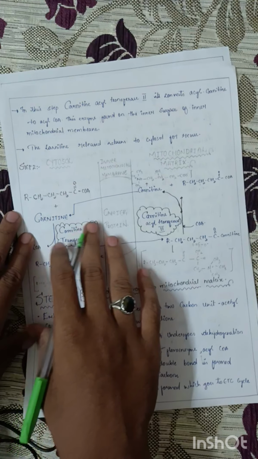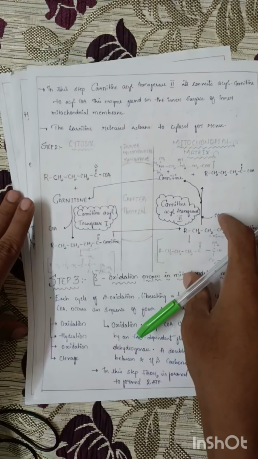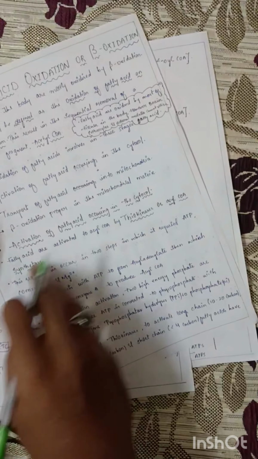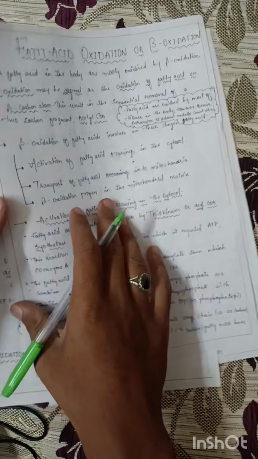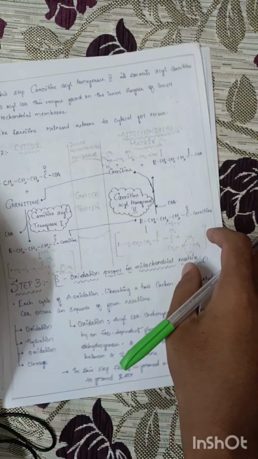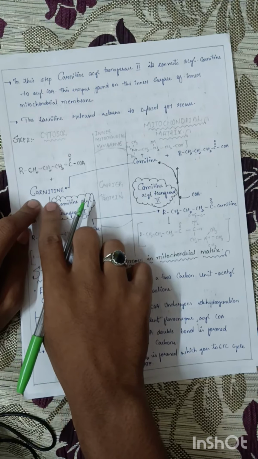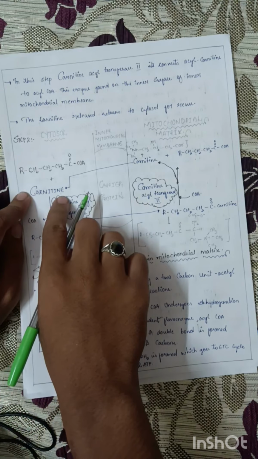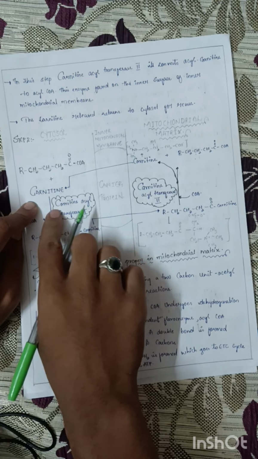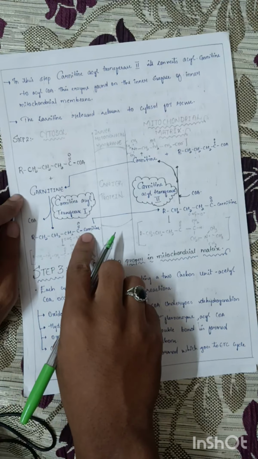Now we have acyl-CoA in the cytoplasm. We have seen the activation of fatty acid occurring in the cytosol, so we form the acyl-CoA. From acyl-CoA, with the carnitine system here, with the help of the enzyme carnitine acyl CoA transferase 1, the CoA will be released, then the carnitine is attached.